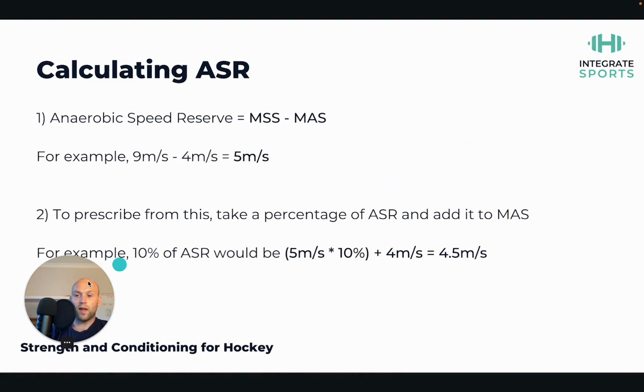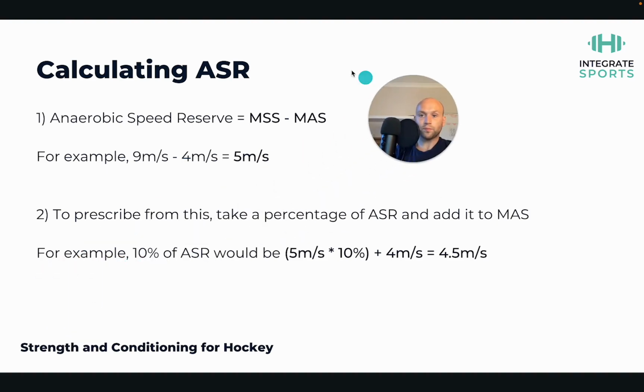So in terms of calculating anaerobic speed reserve, as I've said here, you take the maximal sprint speed, you take away maximal aerobic speed. So for example, 9 minus 4 gives you 5. And then very simply to prescribe from this, you take a percentage of ASR and add it to mass.